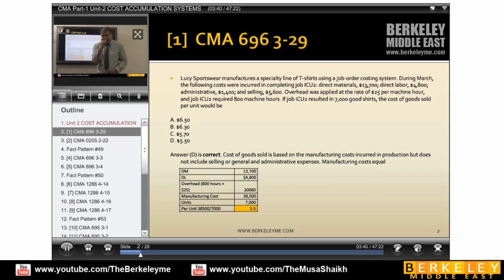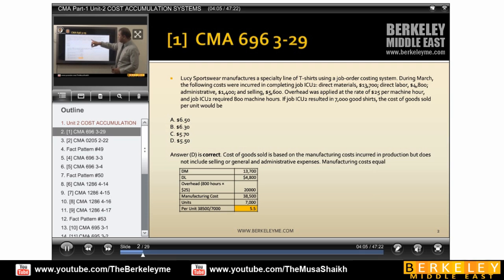Always be sure about the requirement. Some questions will say calculate total cost. Then manufacturing, non-manufacturing, selling, administrative, everything we have to include. So the question is quite logical. Overhead was applied at the rate of $25 per machine hour, and machine hours were 800.